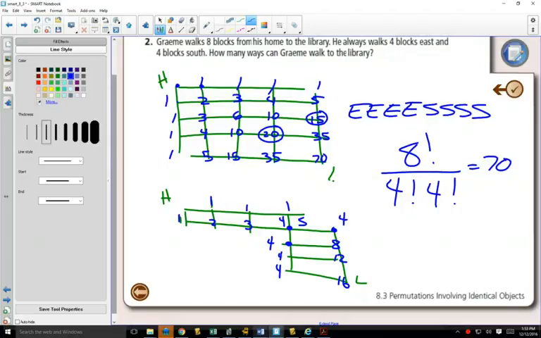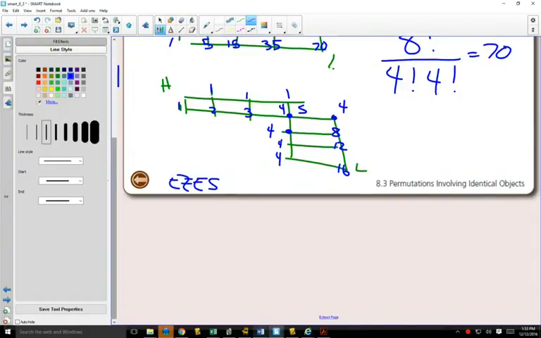There's now 16 ways. The other way we can think about going to Susie's place, okay? Can you see that going from his house to Susie's house is 3 easts, 1 south? And if we would do that, that's 4 factorial divided by 3 factorial, which is 4. That's his first decision. How am I going to get to Susie's?